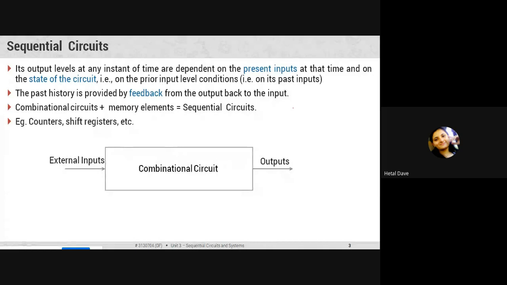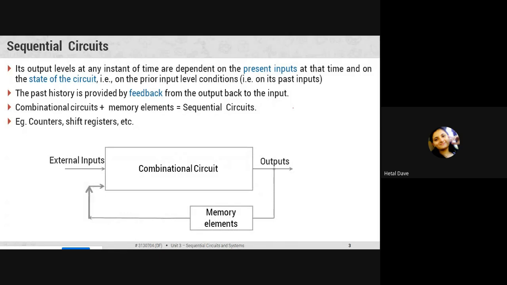It depends on external input and state of the circuit. But what is state? How can state be stored? So we will use memory. Memory will store state. State means either 1 or 0. It will be stored in the memory element and again it is fed back.